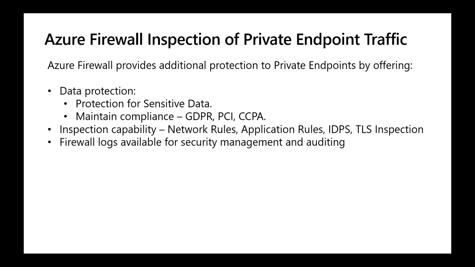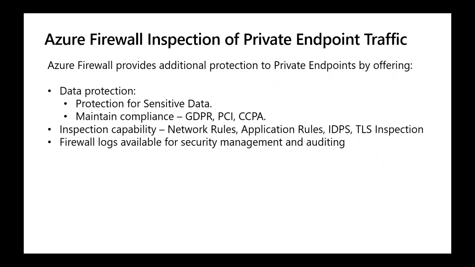You also have the inspection capability of Azure Firewall. So with the addition of the network rules, application rules, IDPS, you're able to stop threats. And we know that these threats can also occur within the Azure environment and traverse through the private endpoint link. So it's important to have this additional layer, and this inspection capability will definitely add value and be able to stop any advanced threats.